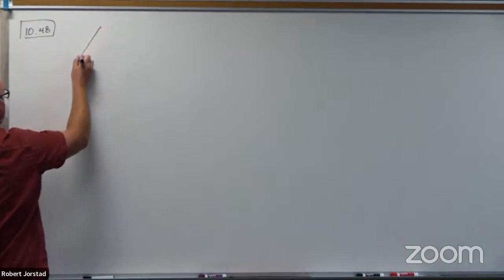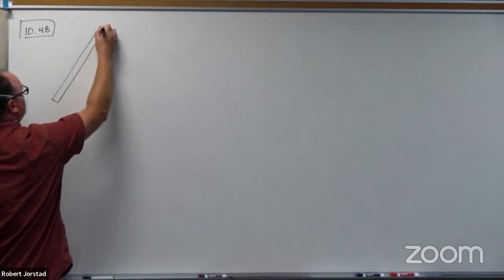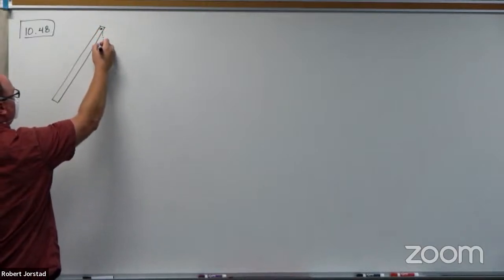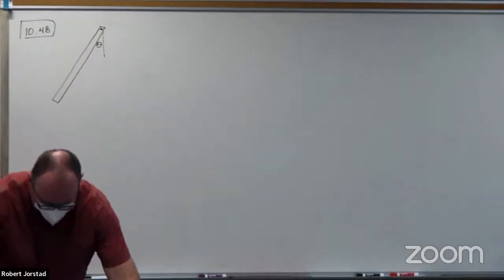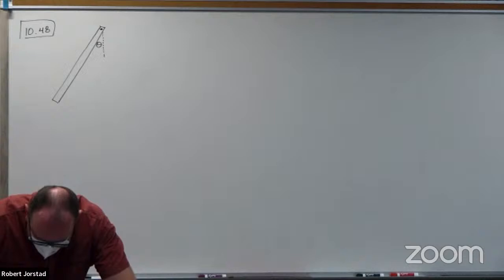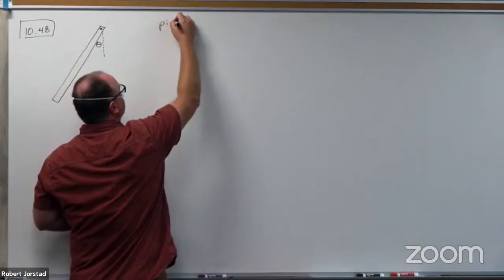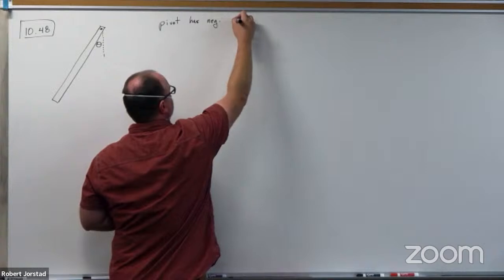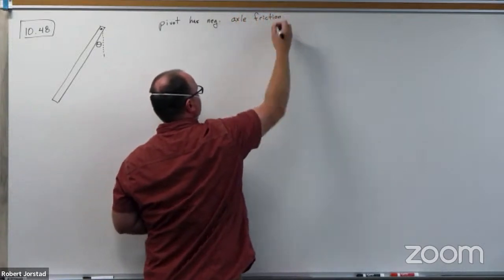We've got a pendulum. I think it's initially at some angle theta. Pivot has negligible axial friction, so we don't have to worry about the work done by friction at the axle here.